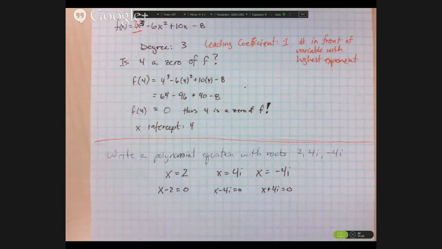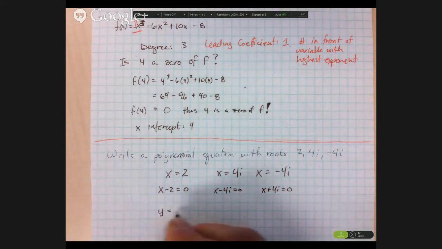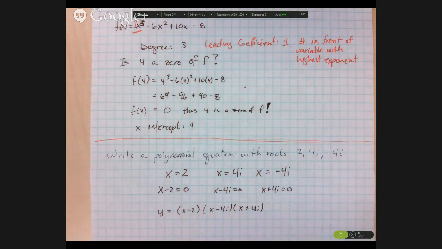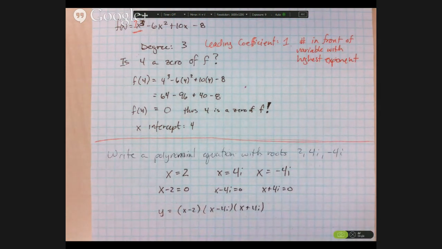Now we have 3 different roots because they equal 0, right? So y equals x minus 2, x minus 4i, x plus 4i. That is your equation. Bam! Yeah, it's easier than you think.